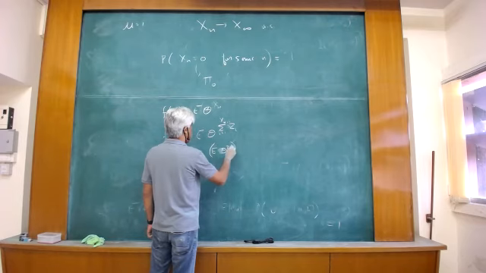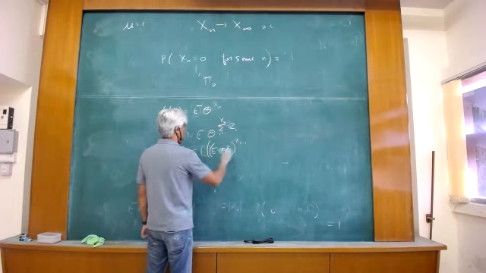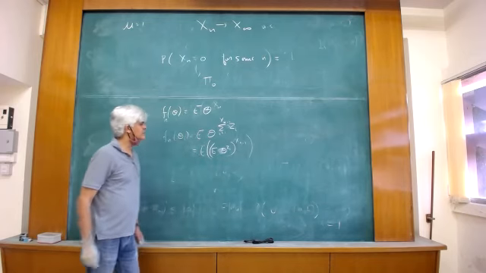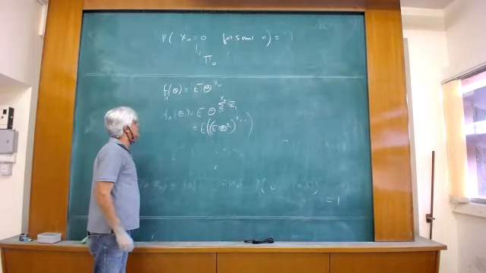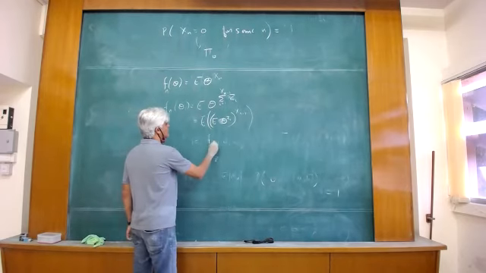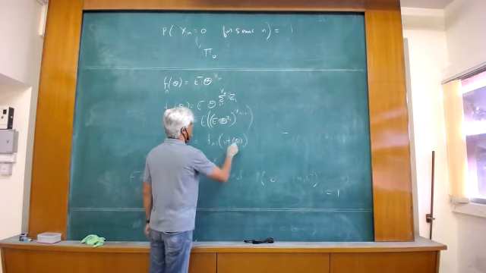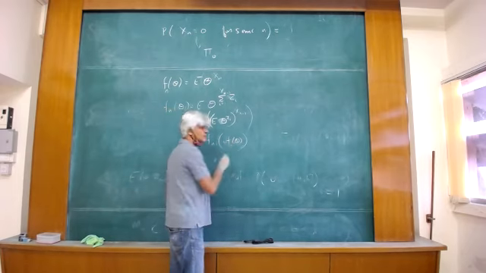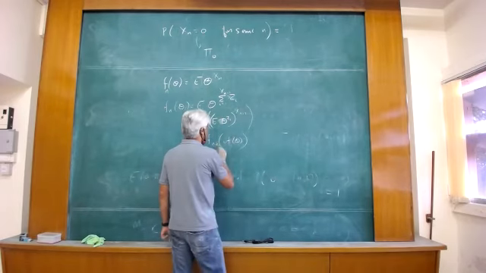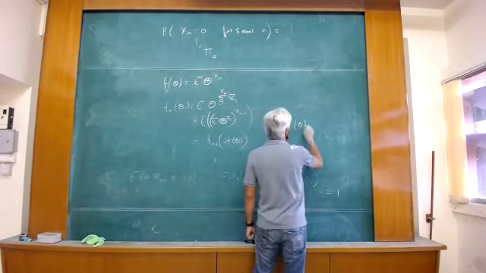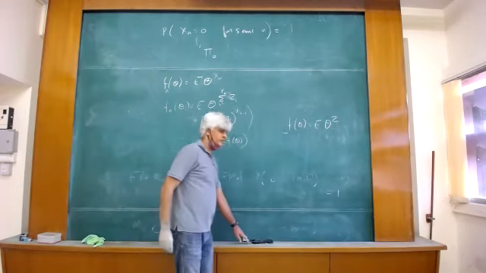So Sn of theta is equal to F1 theta, Fn minus 1, and F theta is equal to that.